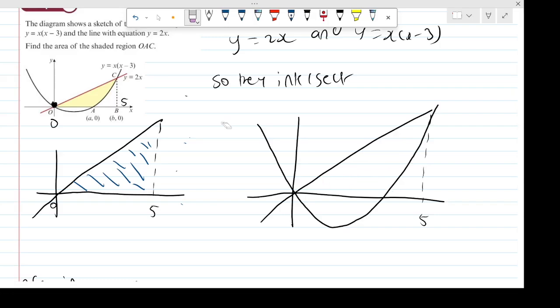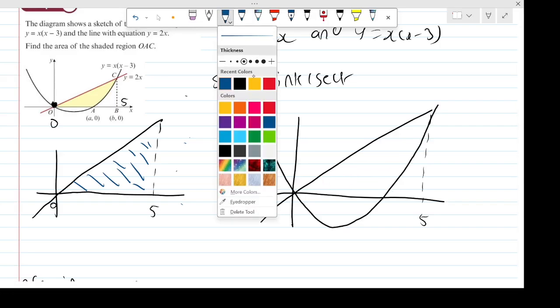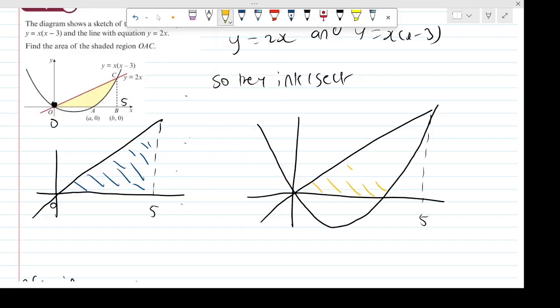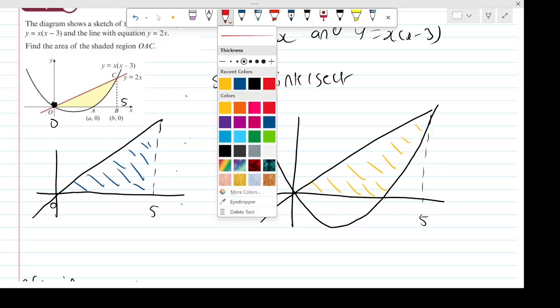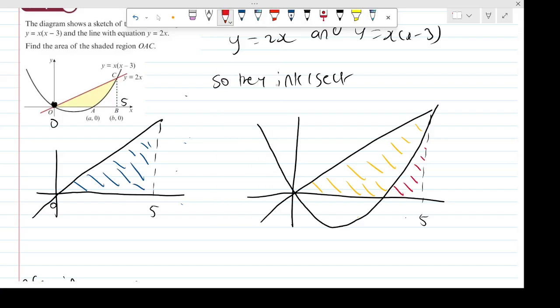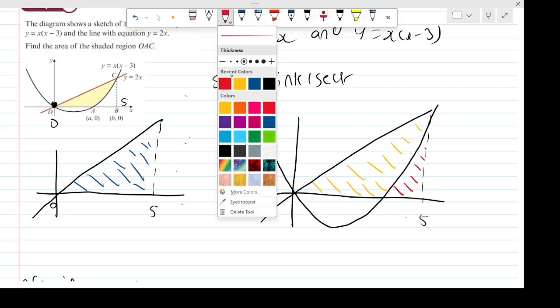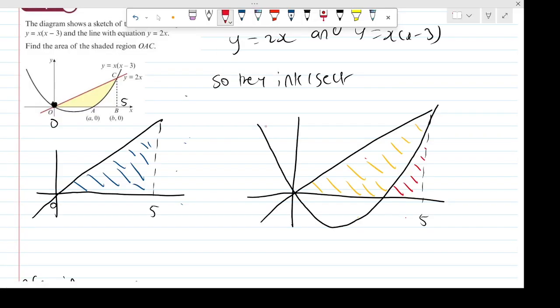We've got this area in yellow, but I have this extra area underneath the curve here in red. I hope you can see that. So the area in blue, which is the whole area under the line, is now equal to the area in yellow and red.